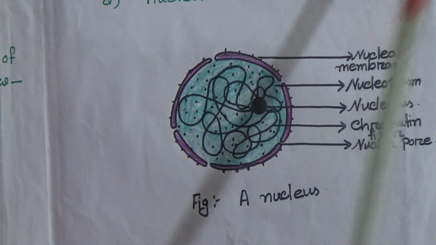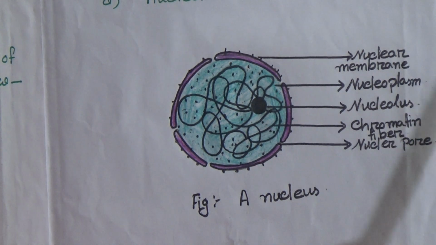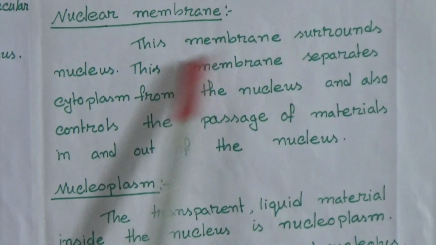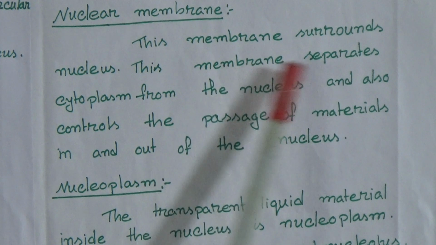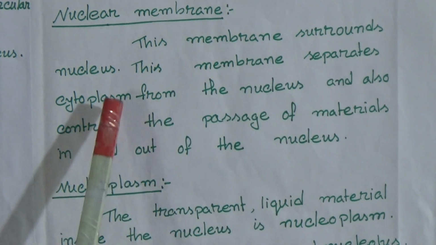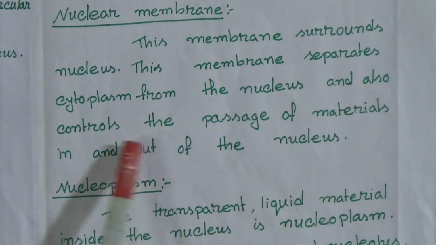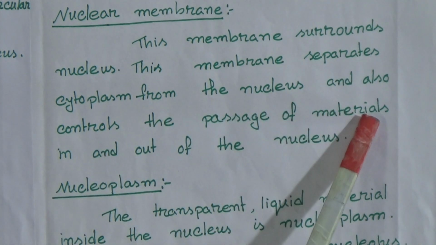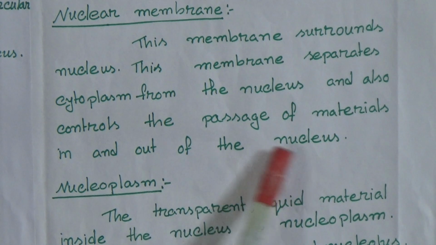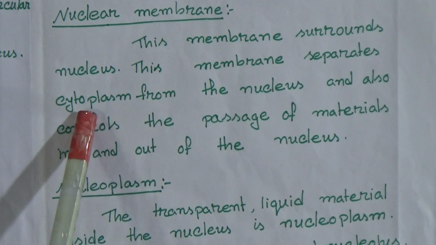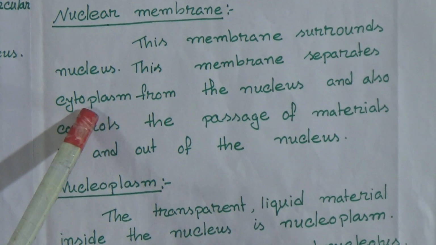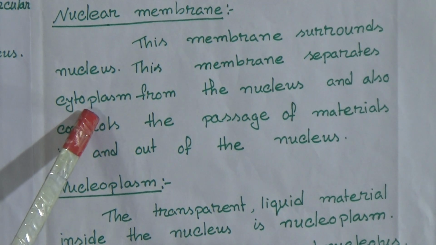Now we will discuss this nuclear membrane. This membrane surrounds the nucleus. This membrane separates cytoplasm from the nucleus and also controls the passage of materials in and out of the nucleus. Cytoplasm means the liquid jelly-like thing inside of the cell.